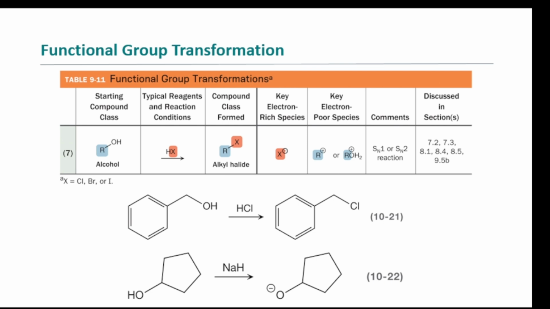Okay, let's look at the functional group transformations. Again, we have our alcohol here, we have the acid, and we have the alkyl halide right here. These are some different options we could use in terms of transformations. Here we have the alcohol coming off the benzene.